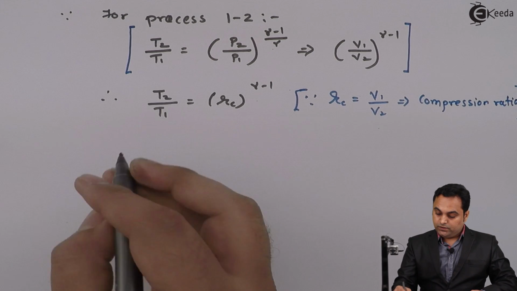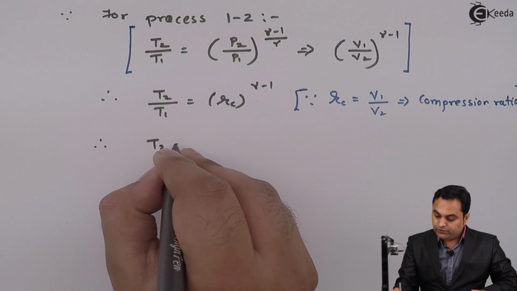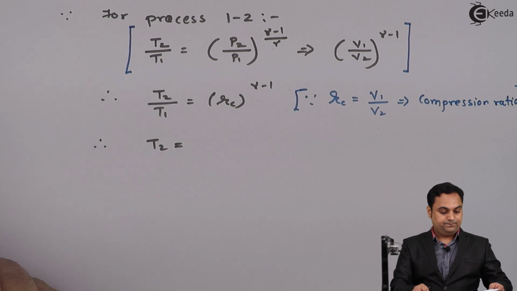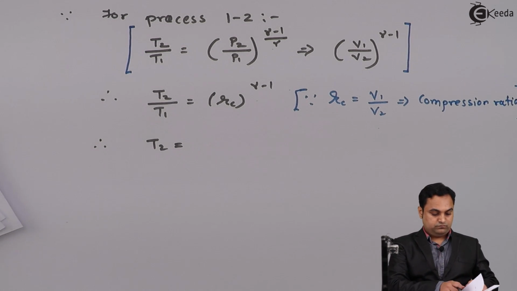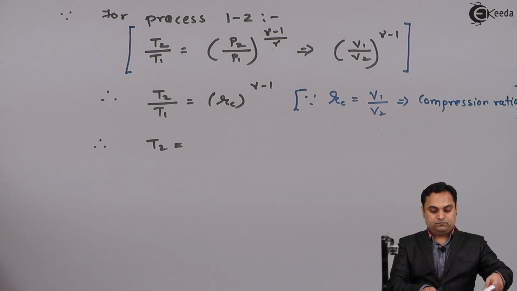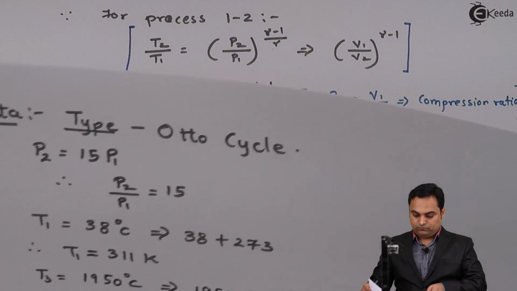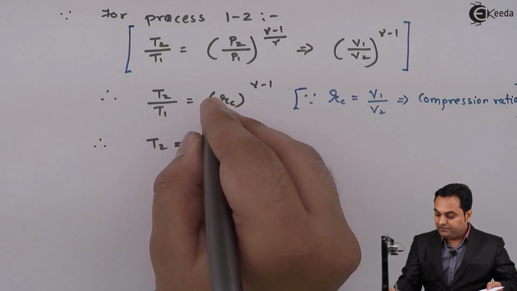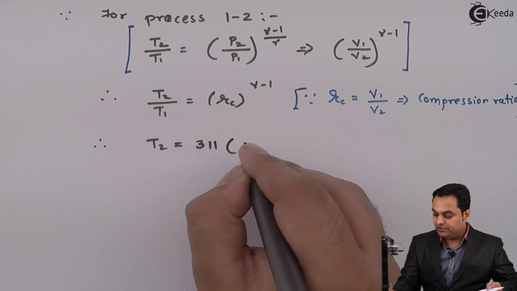Now therefore T2 is equal to, T1 value is given, T1 is 311 Kelvin. So I'll send T1 onto the other side, 311.